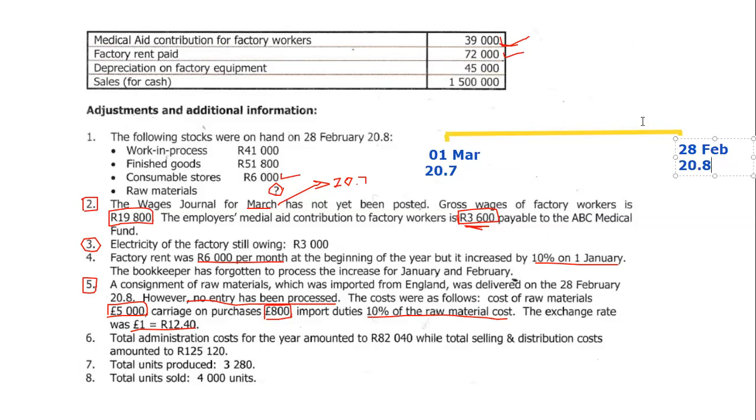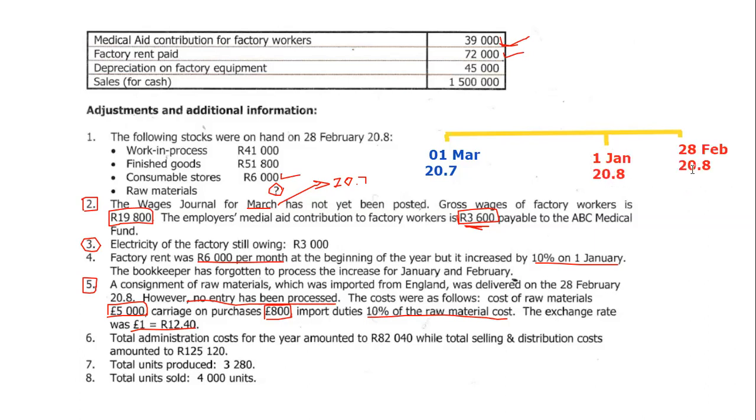And they told you that rent for the 1st of January, they have forgotten about it. So that rent was not recorded. So I will just put it here. We're going to have Feb, we're going to have January. I'll have 1 Jan, and that will be 20.8.